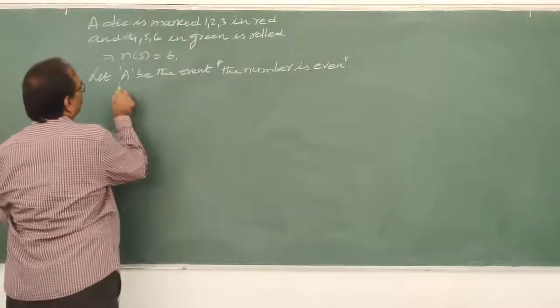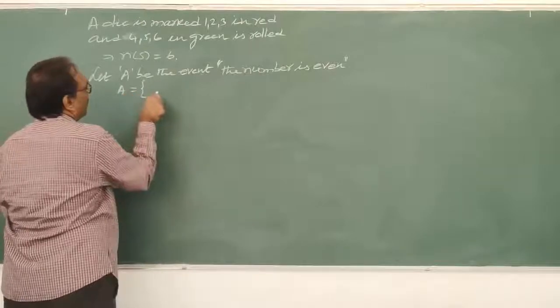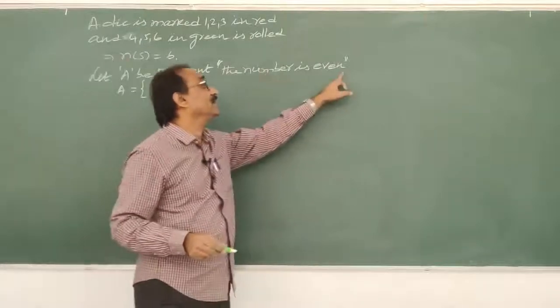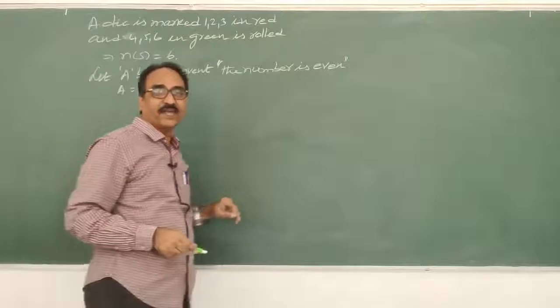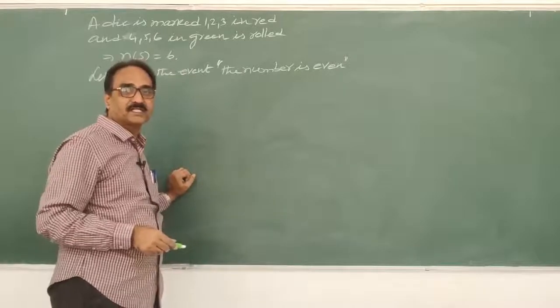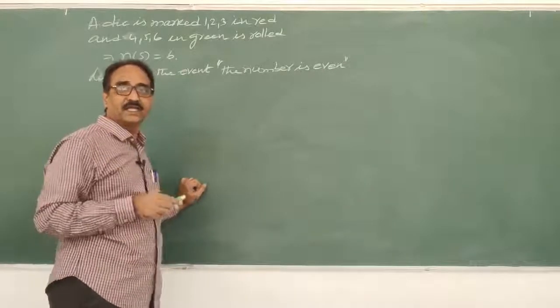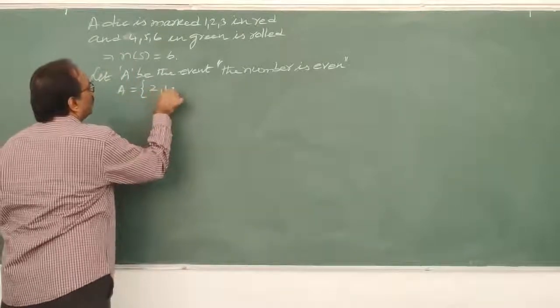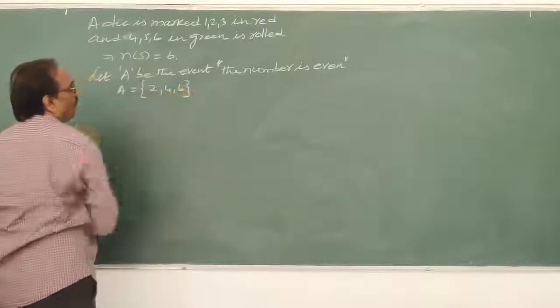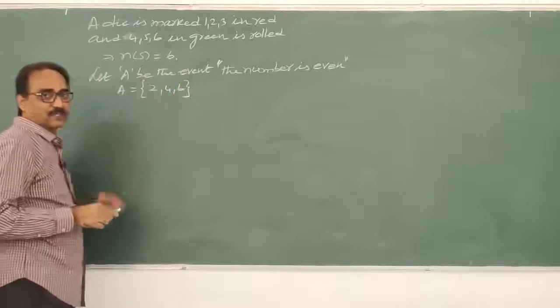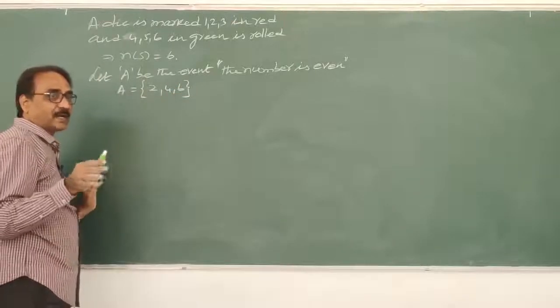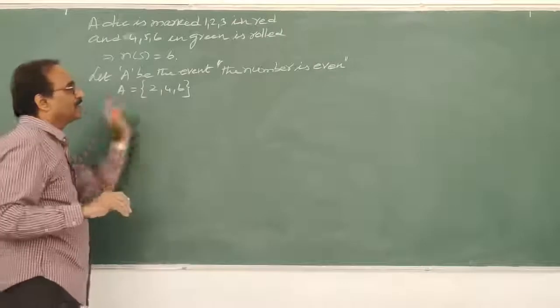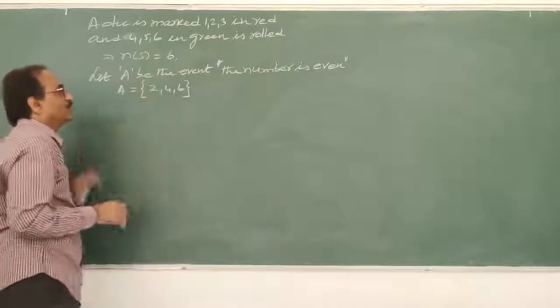So what are the chances? A is equal to the sample points that are even numbers. When a die is rolled, the outcomes are 1, 2, 3, 4, 5, 6. In that, the even numbers are 2, 4, 6. So A is equal to {2, 4, 6}, because A is an event. Red, green, you do not think about; it is having only even numbers.